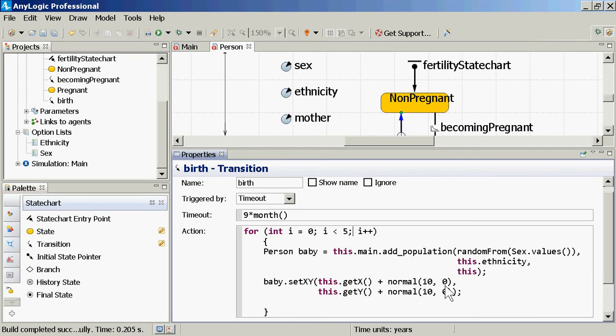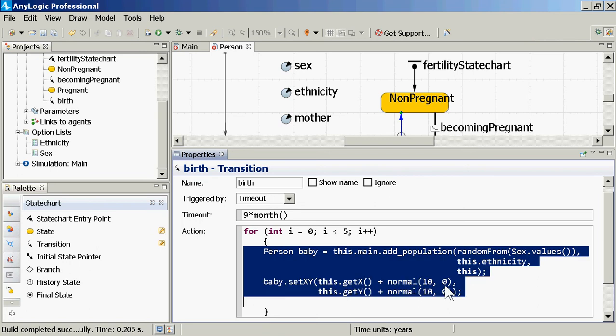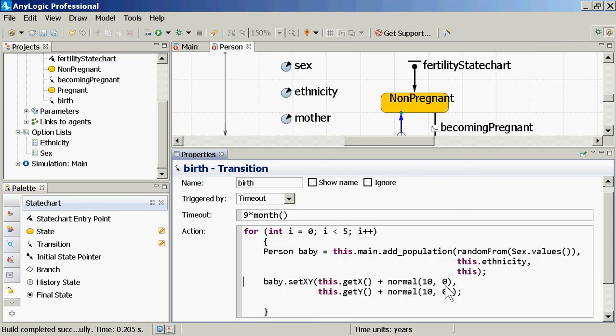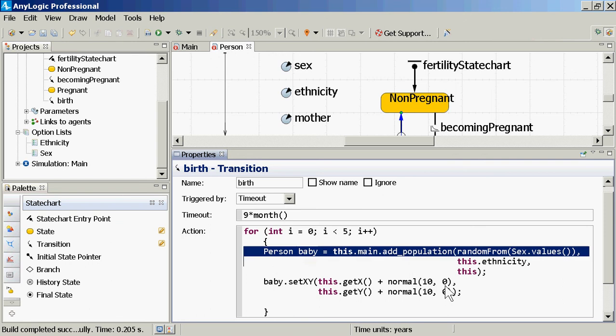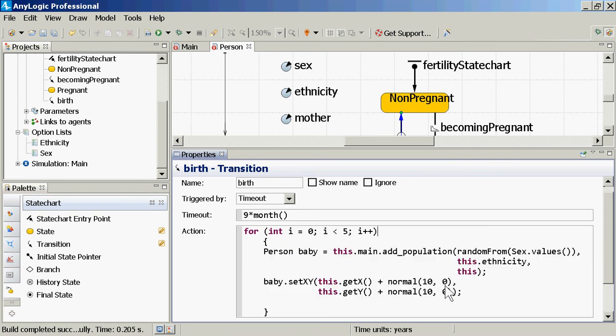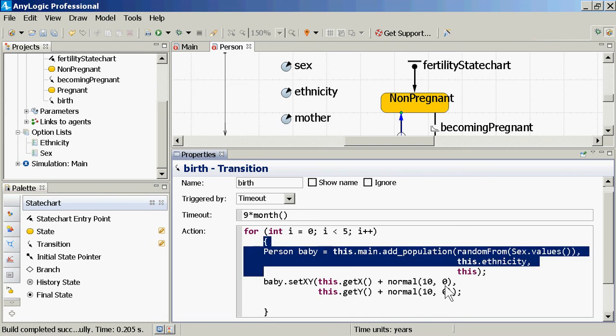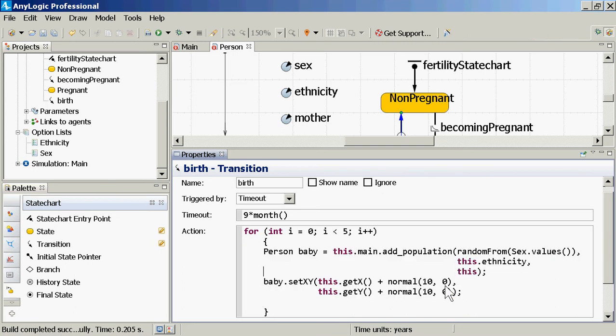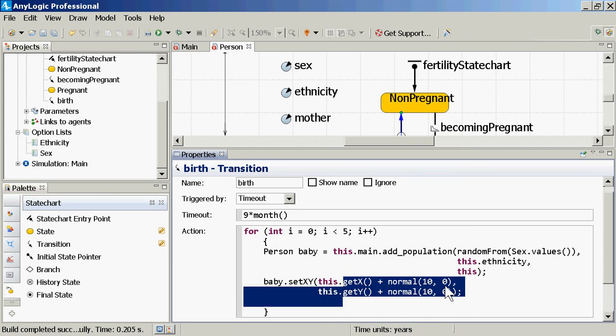It'll do it that time, and then it will make i 1 bigger, make it 1, and do it again, and check if it's less than 5. Yep, it still is, so we'll do this again. Then it'll make i 2, and check, is it less than 5? Yeah, so it'll do it again. And it'll do it for i equals 3 and i equals 4, and then when it makes i 5 at the end, it will check this. Nope, it's not, and so it'll be done. So this is the way to make it do it 5 times. Is that helpful?